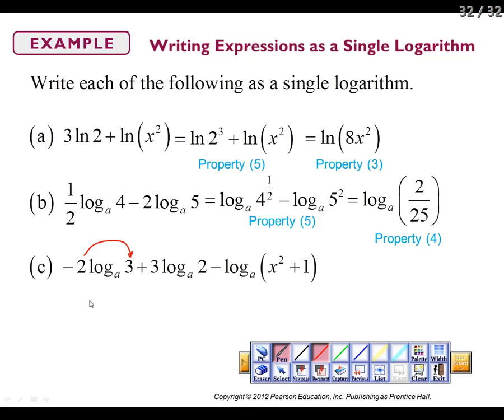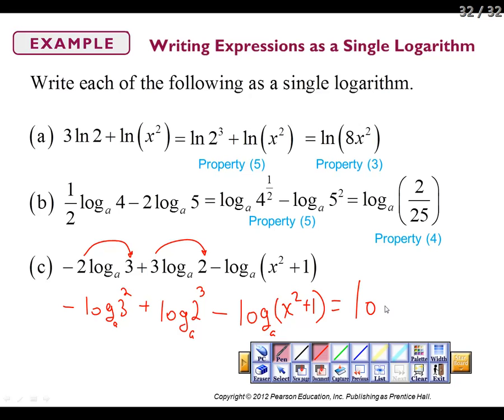And so this would be a minus log 3 squared, and then plus log 2, and this is base A. Then this 3 moves up as an exponent, cubed, base A, minus, and then nothing happens. There's no exponent here, so we just leave it. x squared plus 1, base A.